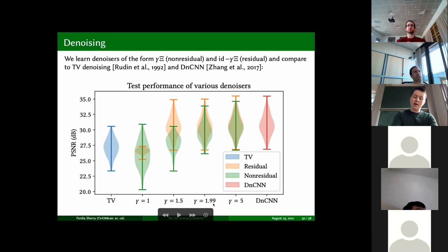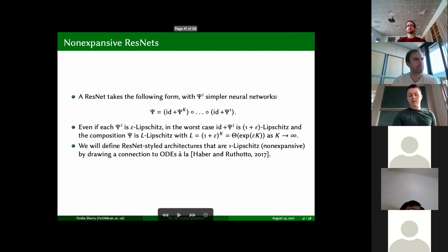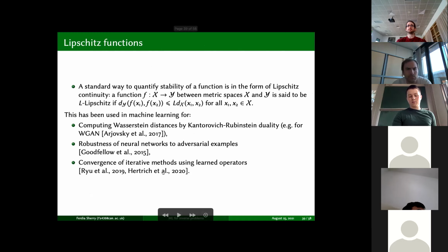Once you get to this gamma equals 1.99, which is a magic number, because this is a point at which you can still use it in some sense, you can plug it into the results of a paper I mentioned here, this paper.